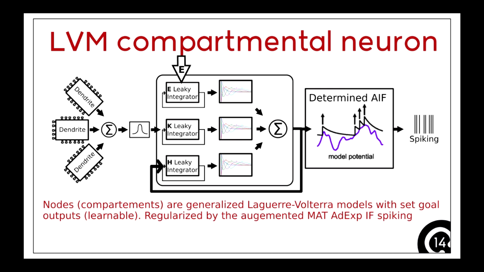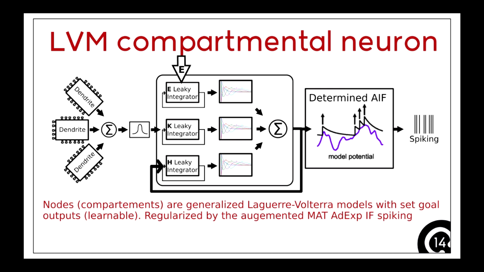Yeah, so more about this. You can see here the three filters. The external filter E is responsible for interconnections between different compartments of different cells. In neuroscience terms, it can be represented as a gap junction between different compartments or between different cells.